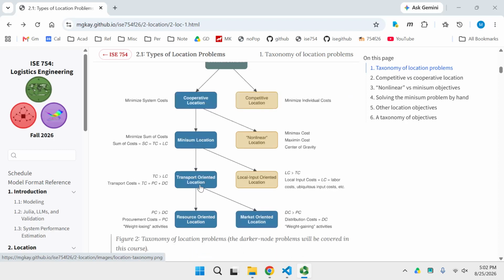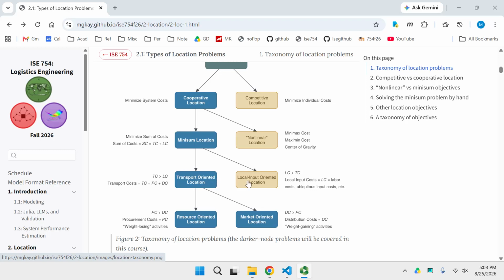Going further down the hierarchy, the next distinction is between location problems where the primary focus in deciding what's the best location is transport-oriented issues. The cost where you locate has a big impact on transport cost, and transport cost is by far the largest component in producing whatever the logistics network is producing.